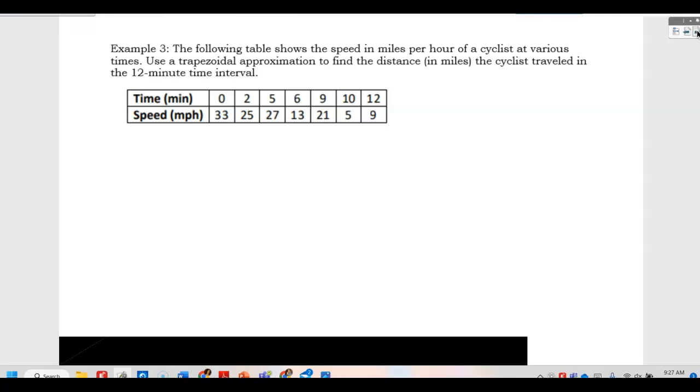So once again, what's my problem? I have minutes and miles per hour. So are they compatible units? No. So you have two choices. You can take your final answer and divide it by 60, or you can change all of your minutes now.